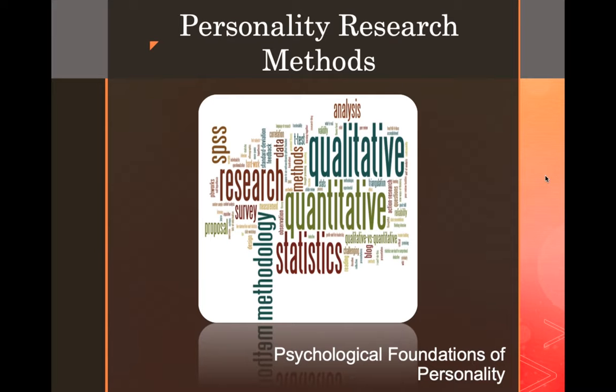So when we say the word research method, we are achieving the goal of understanding personality through research, through using procedures that are connected to research. So research procedures or research methods are used to explore and understand personality.